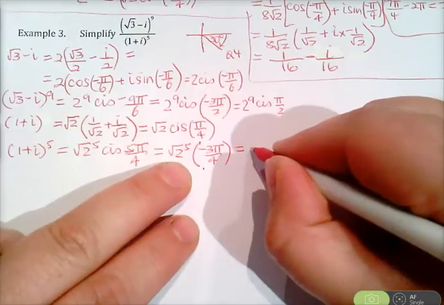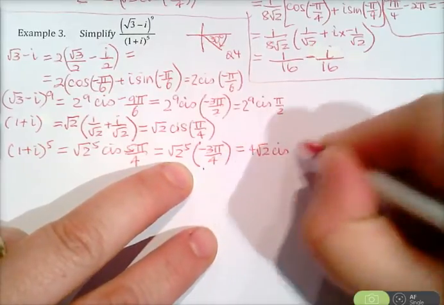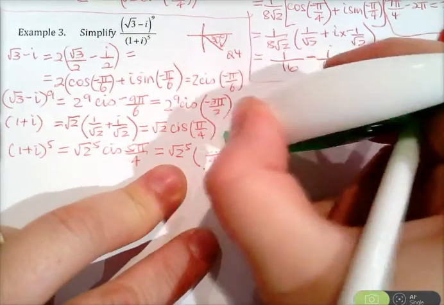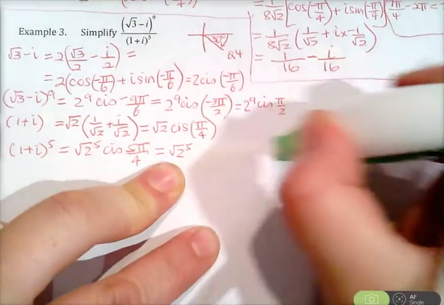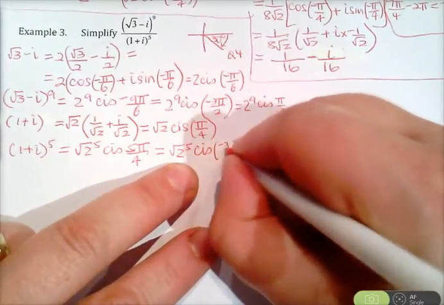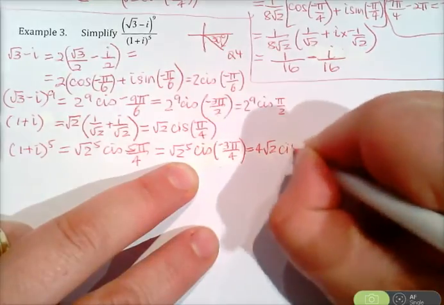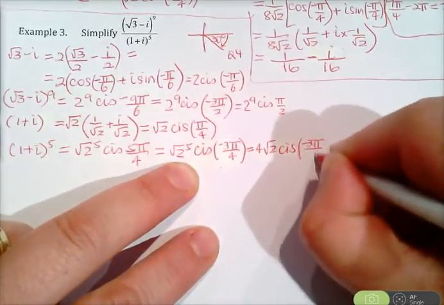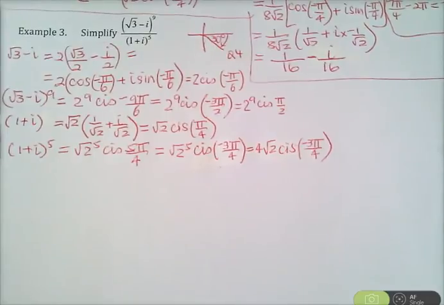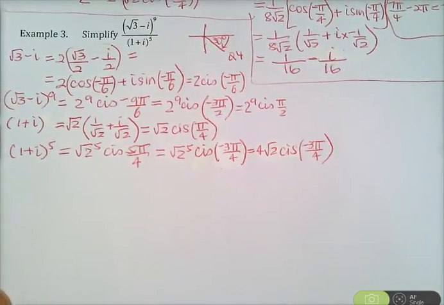So we've got 2 times 2 is 4. You'll have 4 root 2 cis. Sorry, I forgot to put the cis there. So we've got root 2 to the power of 5 cis minus 3 pi on 4, which is 4 root 2 cis minus 3 pi on 4. Okay, so now we've expressed them both in modulus argument form and applied De Moivre's theorem.